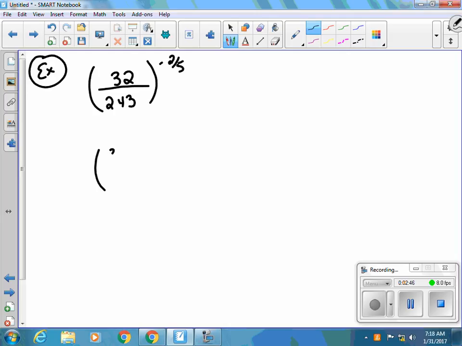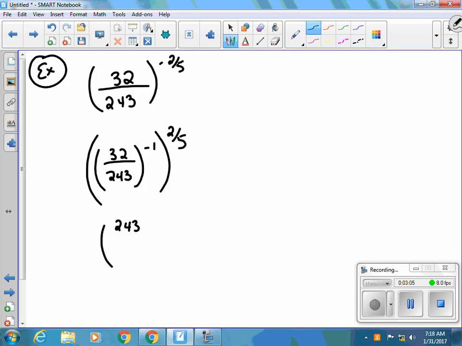I'm going to have 32 over 243, to the power of negative 1, to the power of 2/5. This way I'm taking care of the negative right away, and then everything else is what we've done so far. So I flip my fraction. It's now 243 over 32 to the power of 2/5.